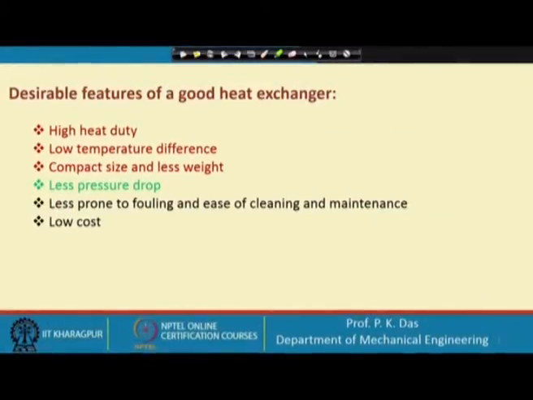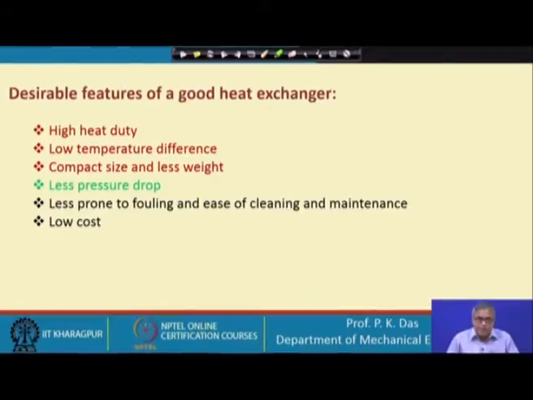So, before that, let us see what are the desirable features of a good heat exchanger. There are a number of points. I do not claim that the points I have mentioned here are exhaustive. There could be some other attributes or qualities, but definitely I have jotted down the most important features which we expect from a good heat exchanger design, like high heat duty.